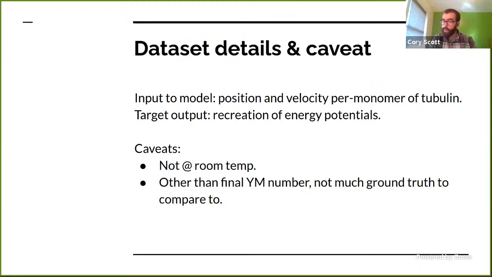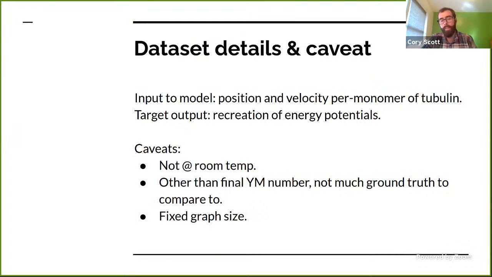There's lots of work modeling tubulin monomers by themselves, and lots of work modeling clusters of microtubules, but for this treatment of each tubulin monomer as a single bead, there's not a lot of ground truth for us to compare the simulation to. So the simulation could definitely be refined further, but for now, we're going to take the simulation output as our ground truth and use it to see how our multiscale machine learning method does.